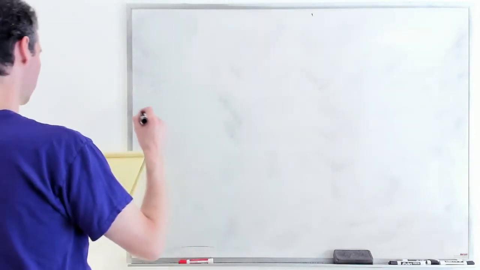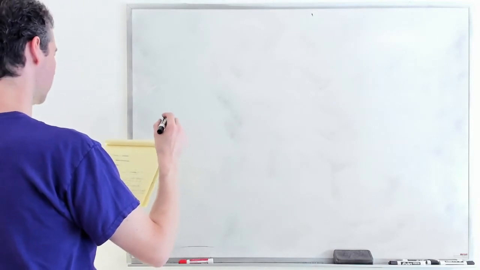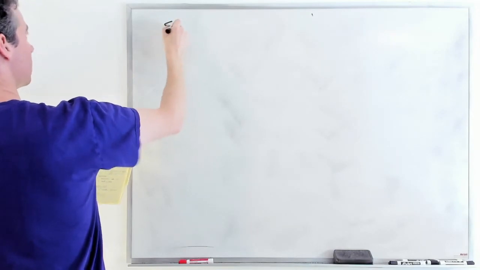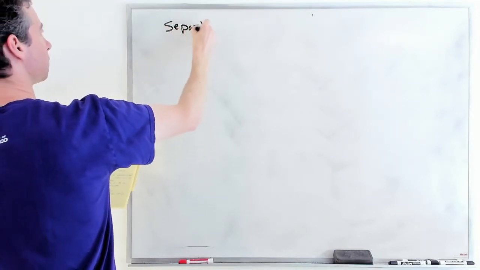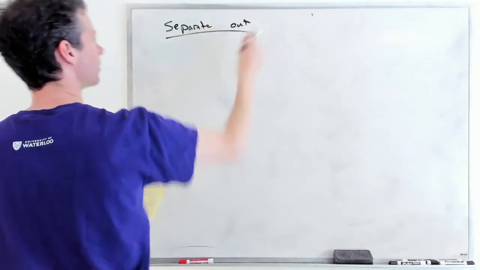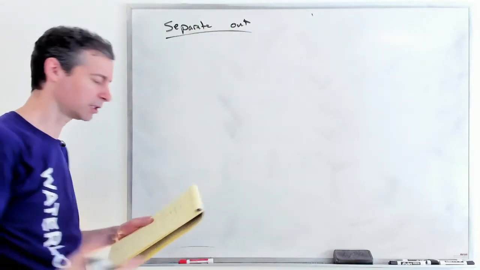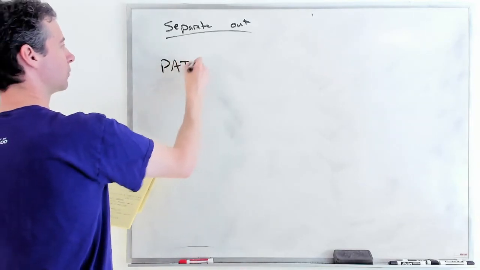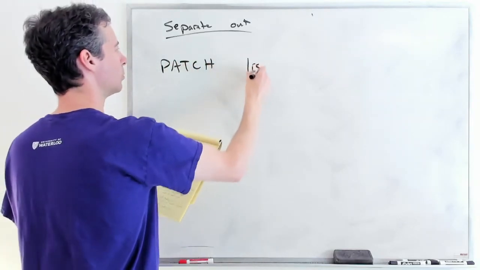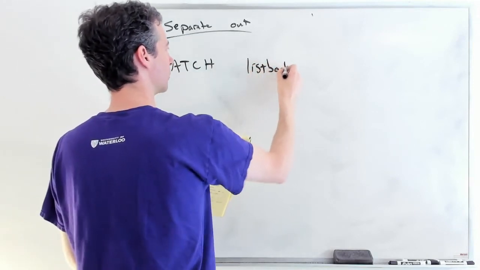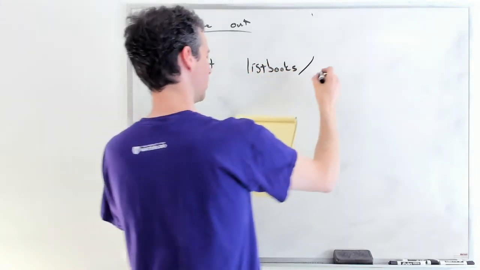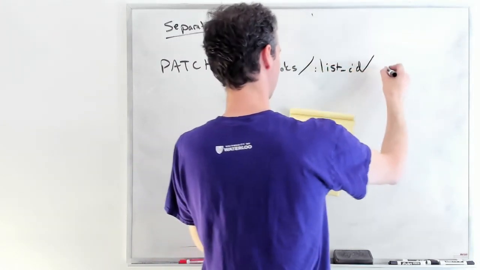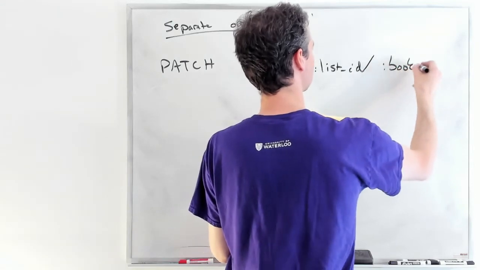You could also think about pulling this out, to separate this out rather than have it built on top of books and reading lists. Maybe I want to do a patch to something called list books, and I send in the list ID and I send in the book ID.